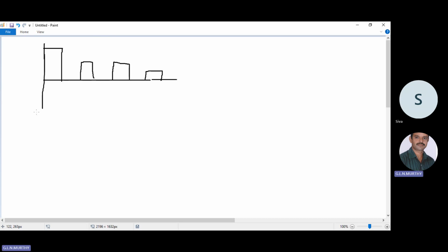Now, on the receiver side, the first pulse is received. Switch is closed. After this, this value is maintained till the next pulse. Second pulse arrived, sample is taken again, and here it is maintained.